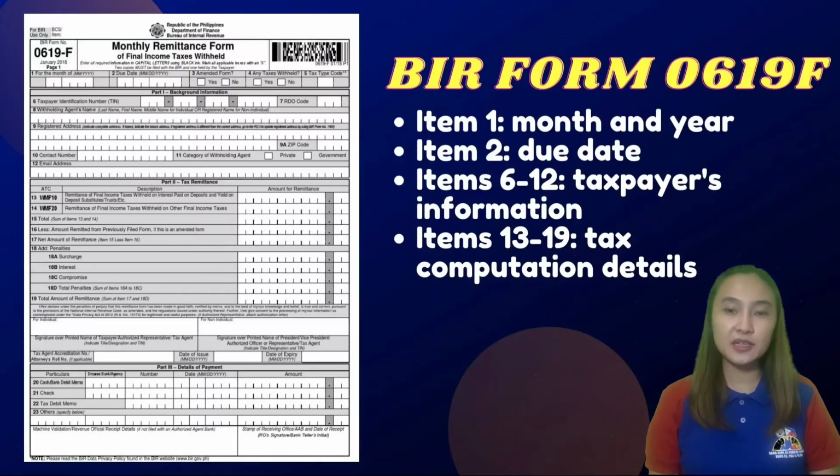Write your pertinent information on items 6 to 12 like your TIN, RDO code, withholding agent's name and address, zip code, contact number, and email address. Part 2 of the tax form constitutes the tax remittance details. Therefore, fill out the information on items 13 to 19 based on your computation.